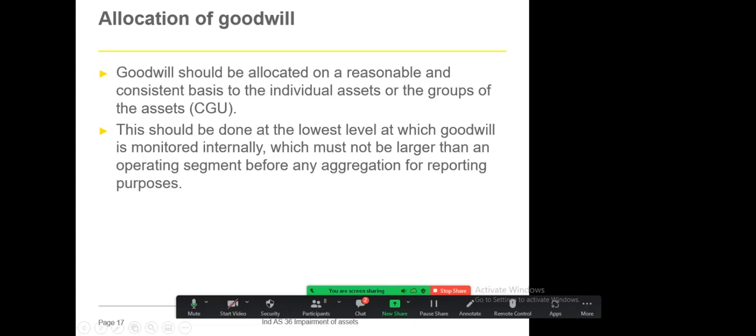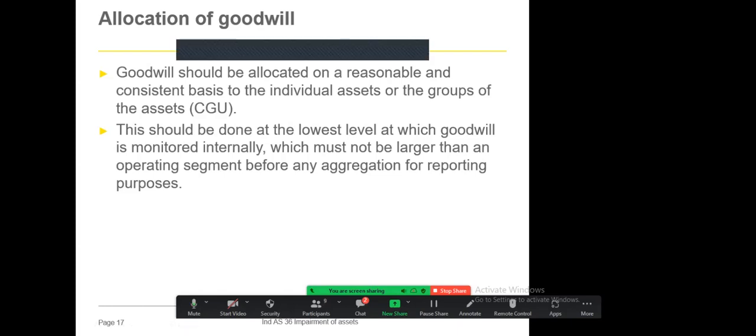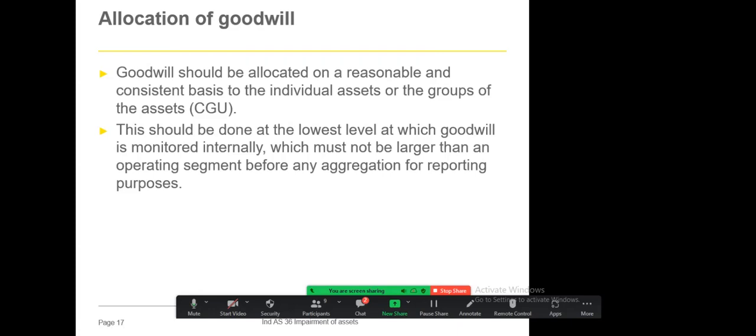So that means the level at which you are reporting your segments in the financial books, at that level, you will allocate your goodwill into different individual assets or the group of assets.